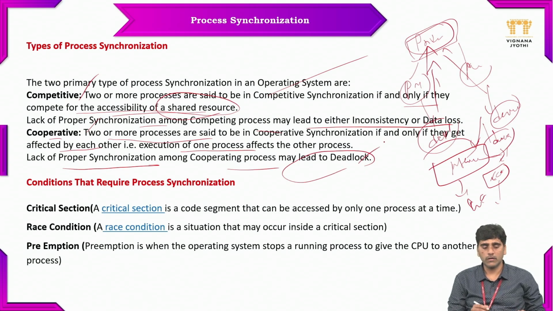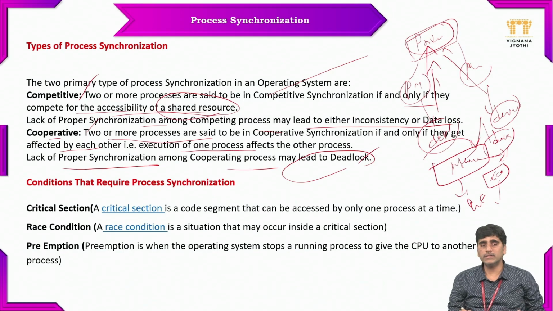So competitive and cooperative processes must be synchronized together to access shared resources. If they are not properly synchronized, it may lead to data inconsistency, data loss between those two processes, or deadlock.